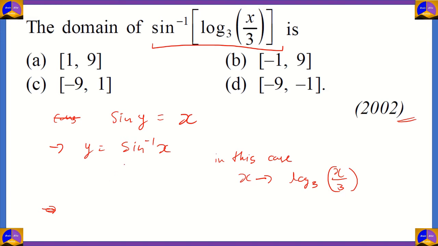So for y equals sine inverse x, the graph is like this, and the highest peak is at 1 and the lowest peak is at -1. So therefore, you can write -1 less than or equal to x less than or equal to 1. This is the domain of sine inverse of x.